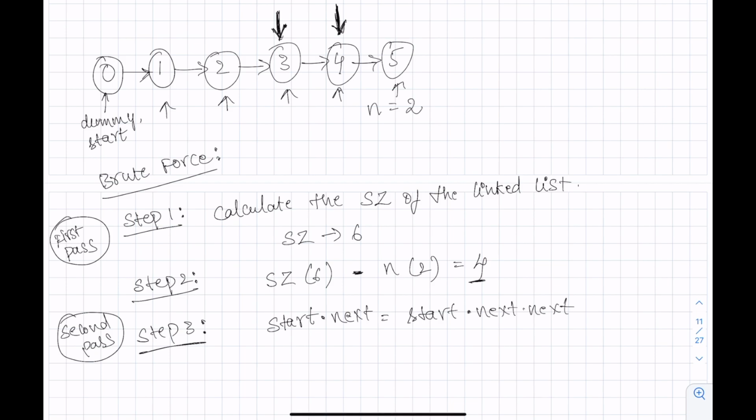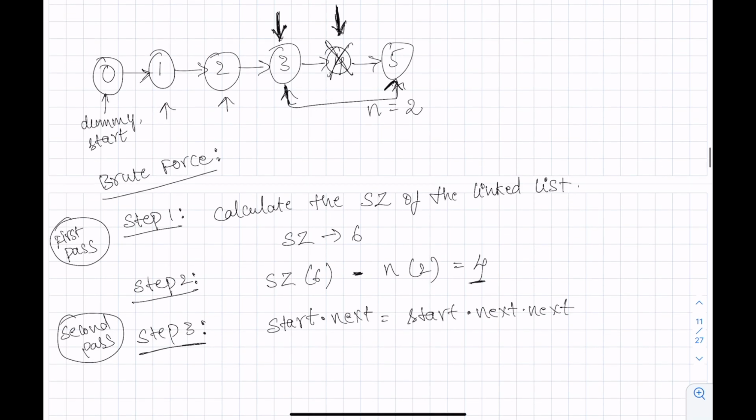So what we are doing is pointing the next pointer of this node to 5. Then we are essentially removing this node. So this involves 2 passes.